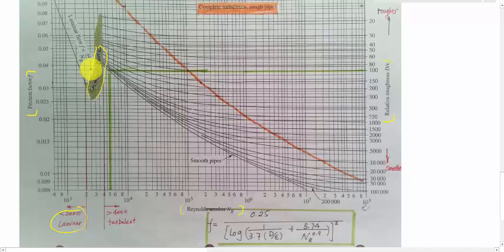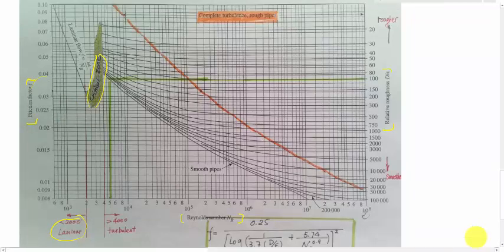And we said the characteristics of flow are not predictable. So as a designer, you probably want to avoid this zone in your design.